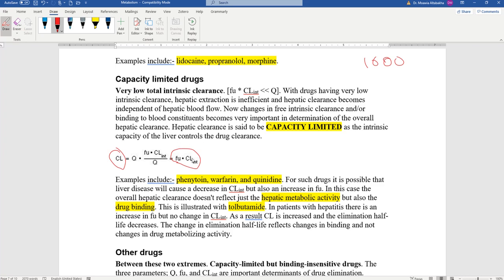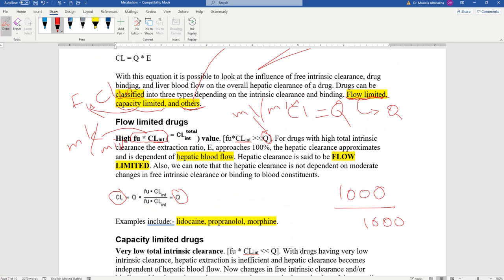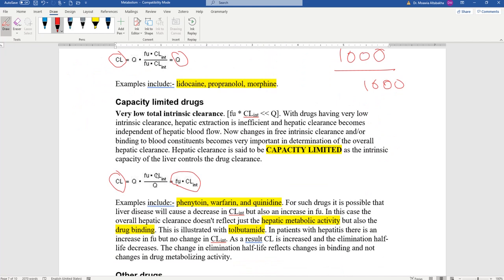That means the small one is the one that makes the effect. Look here, what is the small one? The small one is Q. So Q is affecting the clearance. Here, what is the small one? It is fraction unbound and intrinsic clearance. So it's affecting the overall clearance.